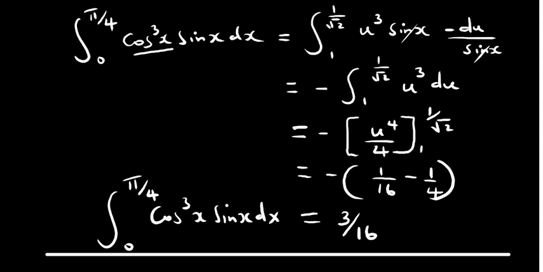Now, is it a must that we always have to change limits? It may not necessarily be a must, but it is more convenient because you save time. Just like you see in these cases, you would not substitute u in terms of x again because you already changed the limits. So let's take that seriously.